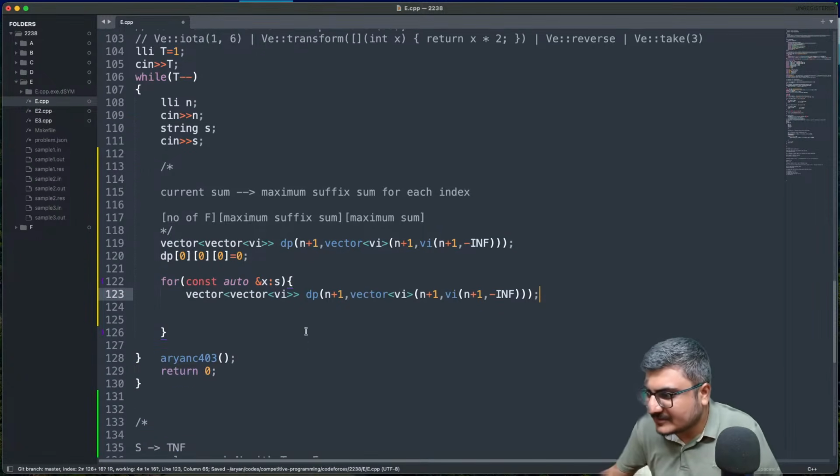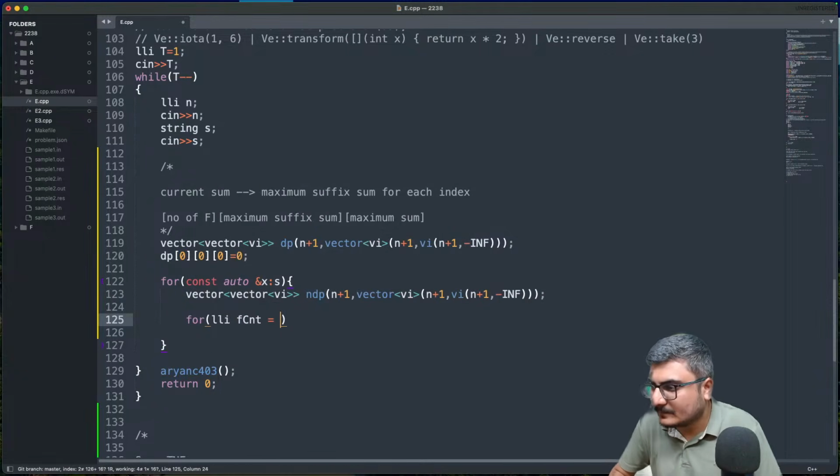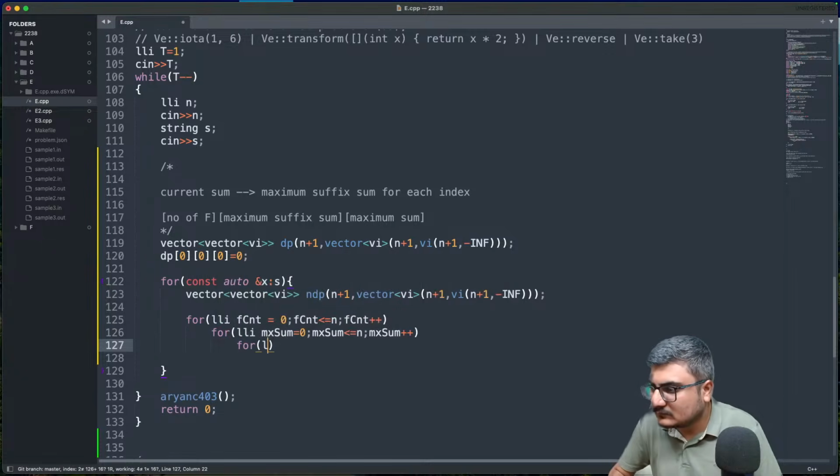I create a new DP state. Let's use current sum variable.